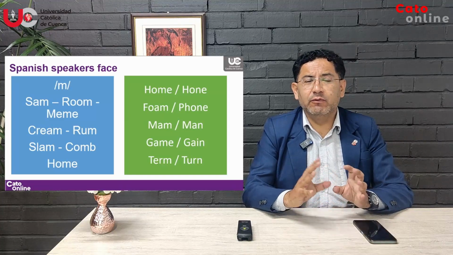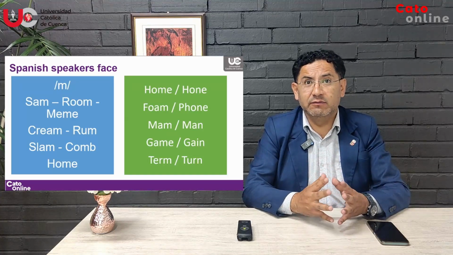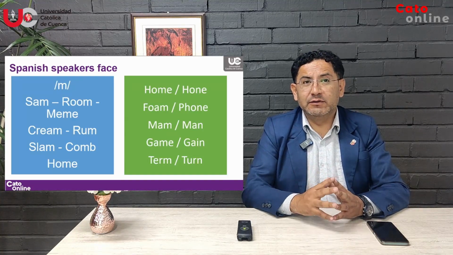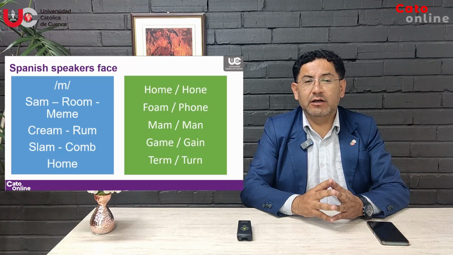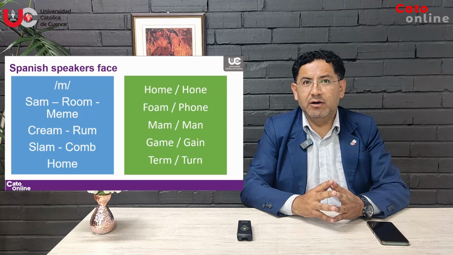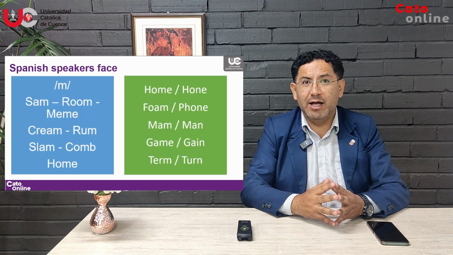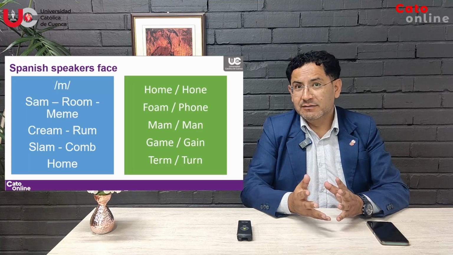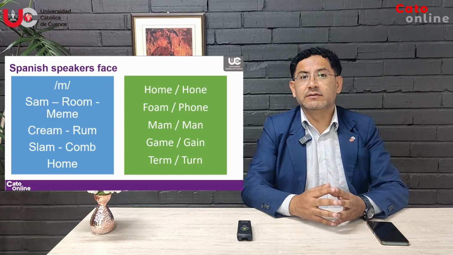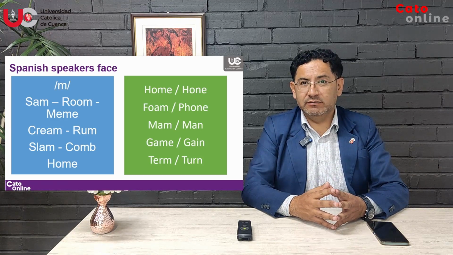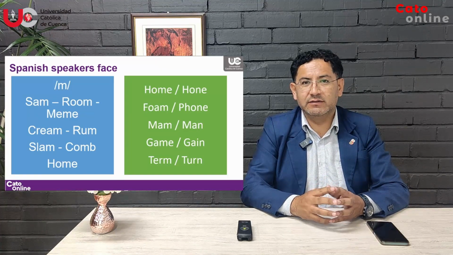Because if we mispronounce the M, we have a problem with, for example, home and phone. If we don't exaggerate, for example, mom and man, that's a difference. Game, see? Turn. You have to exaggerate the letter M in these cases.